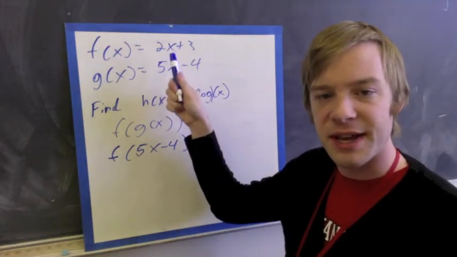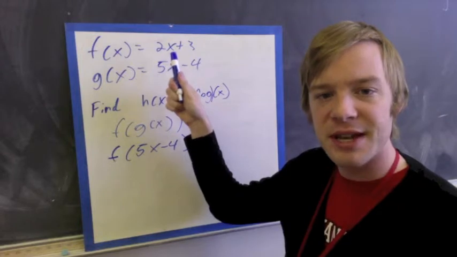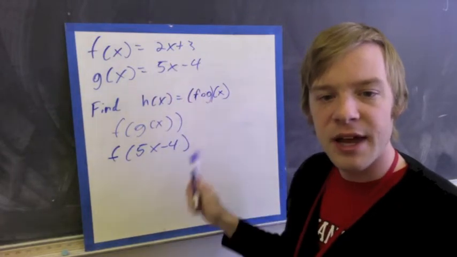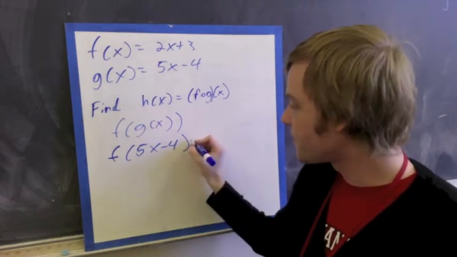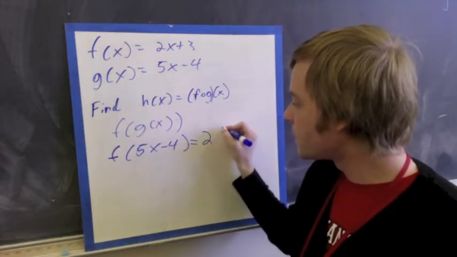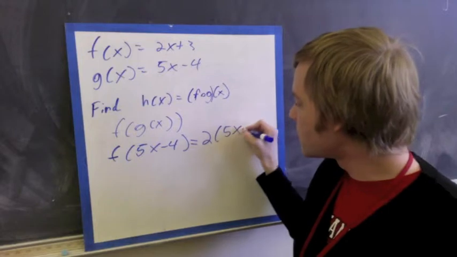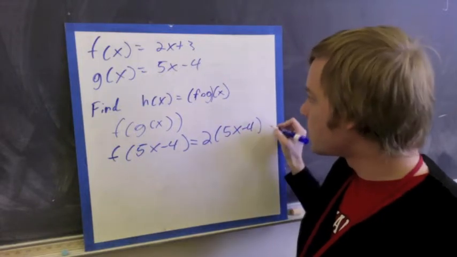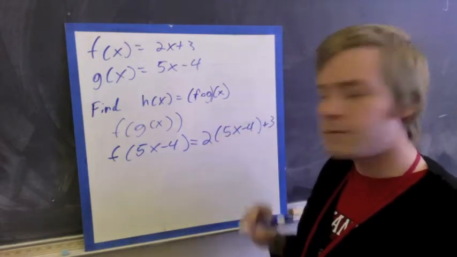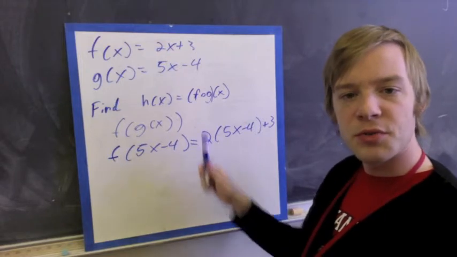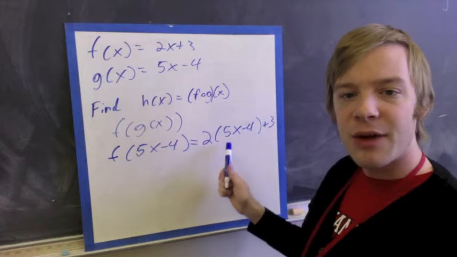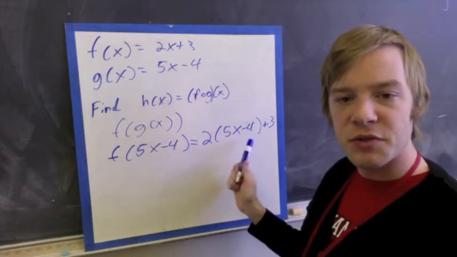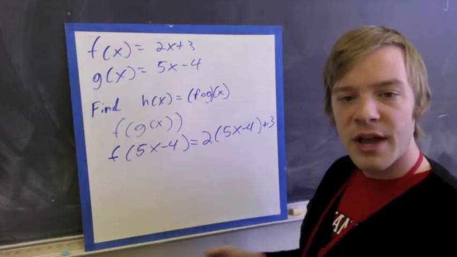So we need to change this x in our function f to 5x minus 4 in parentheses. So the 2 stays the same in front of x. We still have the plus 3 on the end, but now we've changed what's inside the parentheses to 5x minus 4, and we want to simplify this.